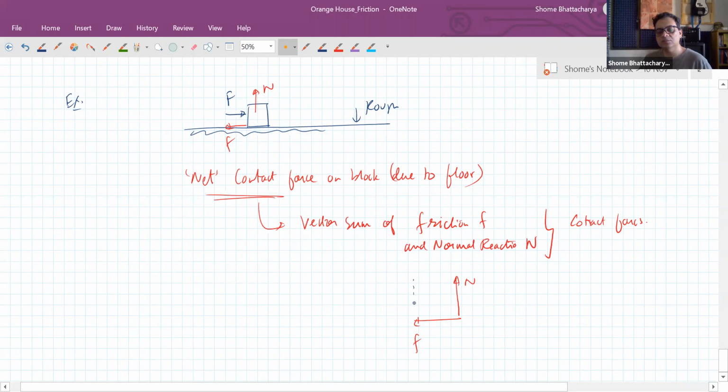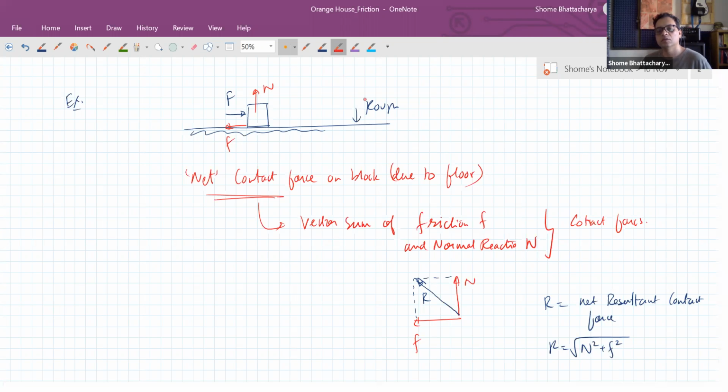But their vector sum, suppose R. So R here is the net resultant contact force. And R is equal to square root of N square plus friction square, because they are perpendicular to each other. Always normal reaction and friction will be perpendicular to each other.